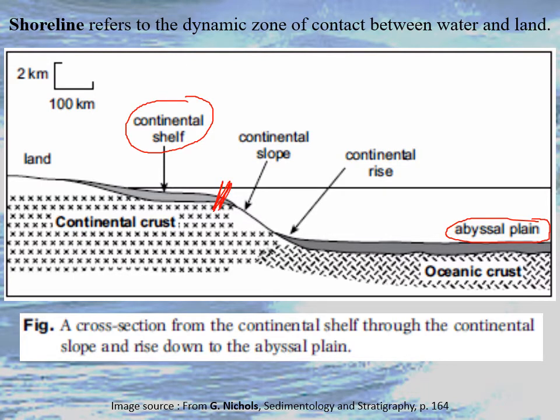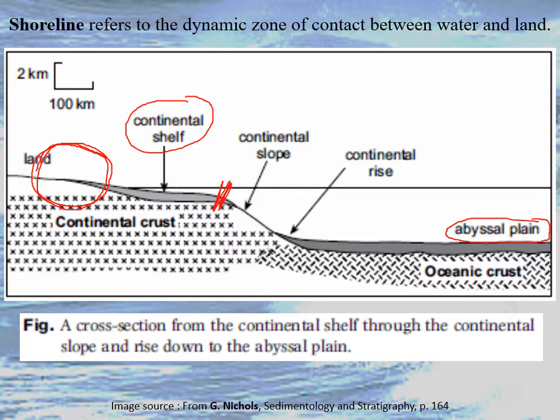And beyond continental shelf, the land part is present. So this is the area, the continental shelf and this land area. This is the area which is our studied topic, that is the coastal area.